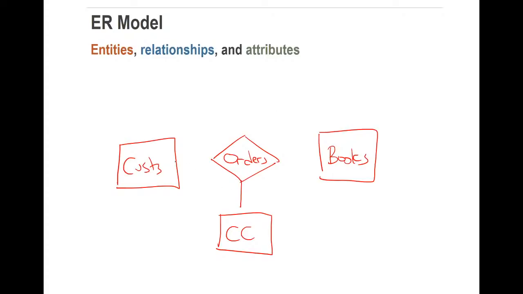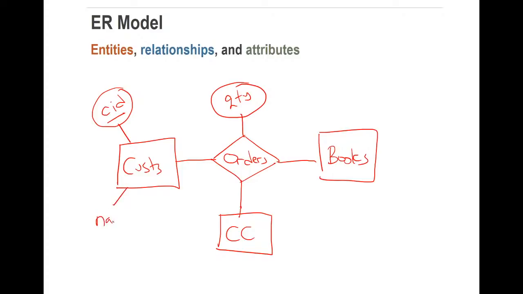Okay, it can be a ternary relationship like this. For the order, we say that there is a quantity. Customer, there's a unique customer ID, there's a name, and there's the address.